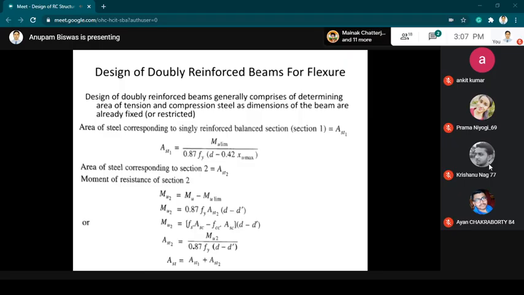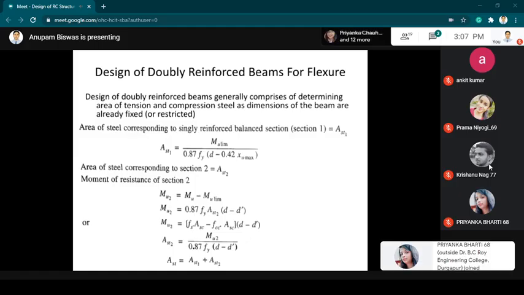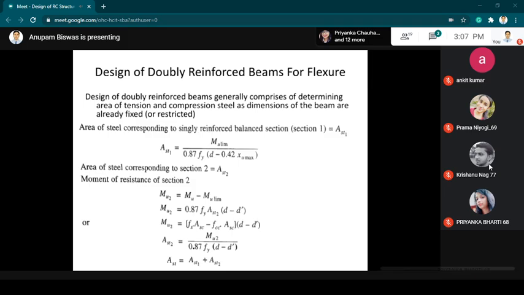So for considering the next section, if you remember the two sections that I just showed at the starting of the class, the first section was comprising the singly reinforced beam AST1, and the second section was comprising the compressive zone reinforcement, that is ASC, as well as the tension zone reinforcement AST2.